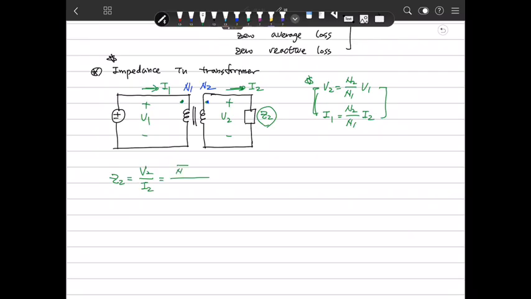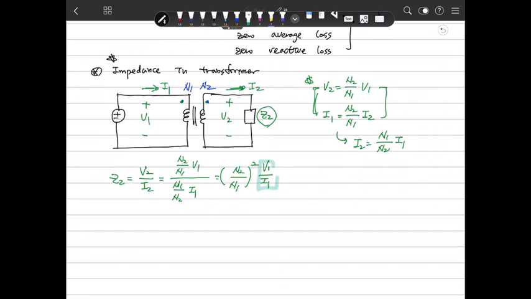So V2 was N2 over N1 V1, and from here, I2 is the reverse, N1 over N2 I1. I'm sorry, it's wrong. This is not V2, this is V1.